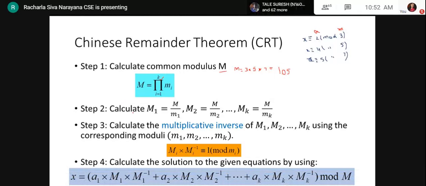Now the second step is to calculate capital M1, M2, and so on up to Mk. Capital M1 is calculated by capital M divided by small m1. Here capital M is 105 divided by small m1 value, which is 3.